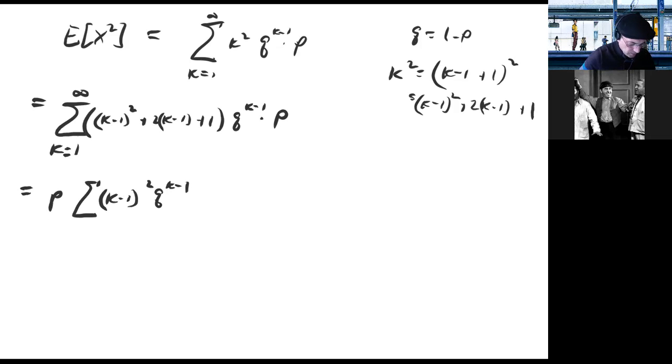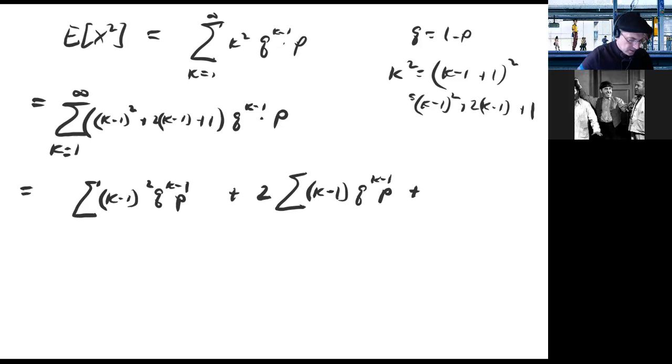I actually think I want to put the p back in. Okay, and then there's going to be twice k minus 1 to the first power times q to the k minus 1 times p.